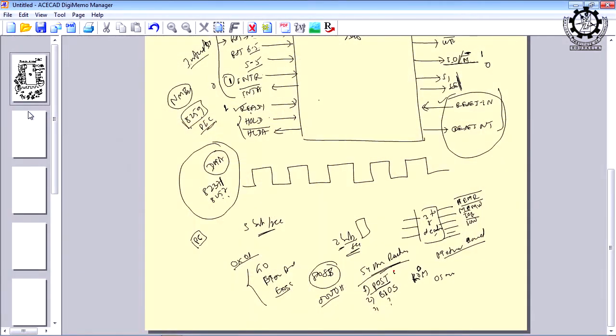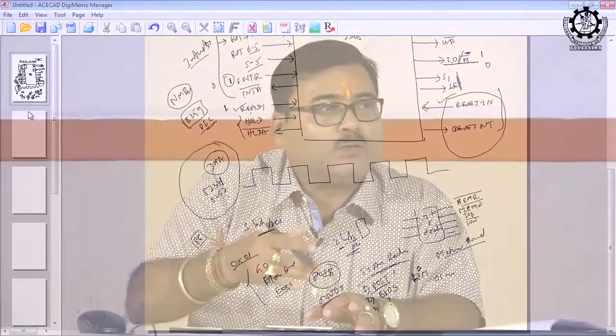Am I clear? Whether you want to execute a program from a location, the program counter must be loaded with that location, but how to load it? What is the corresponding instruction for loading a memory address into the program counter? Is it okay?